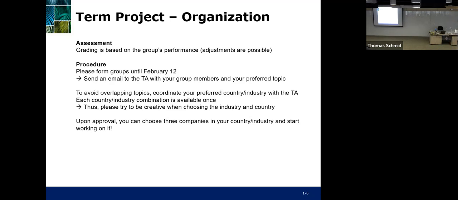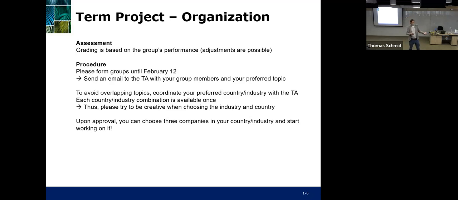So if you have some interest or experience, that's kind of a natural choice, but there is no rule for that. It's also not the case that there are industries that are especially good or bad for doing analyst reports. I've done that multiple years, and I've seen very good reports for traditional industries, like chemical industry, car manufacturers.